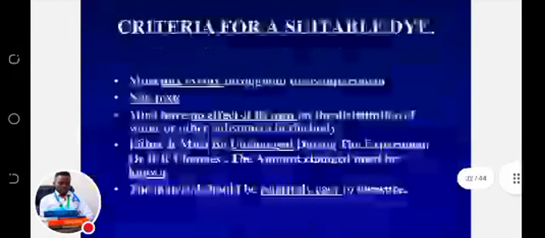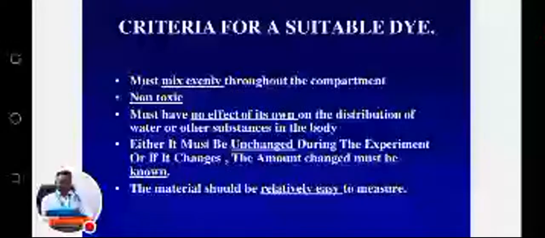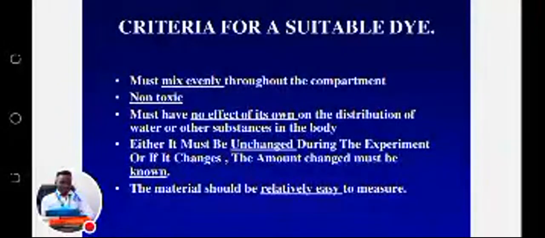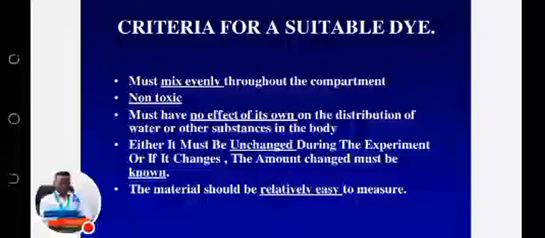So the criteria for a suitable dye. Number one, it must be able to mix evenly throughout the compartment. It should also be non-toxic, and it must have no effects of its own on the distribution of the water or other substances in the body.